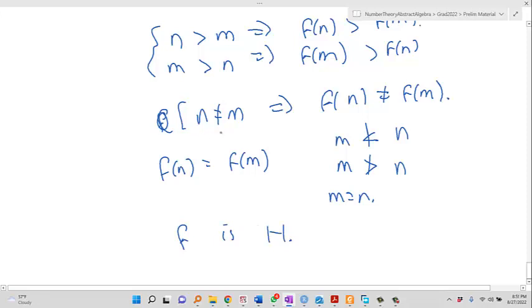This is the other way of showing that a function is one-to-one. We have done before, f of n equals f of m implies m equals n. Another way of saying that is n is unequal to m implies f of n is unequal to f of m. Those two statements are contrapositives of each other.